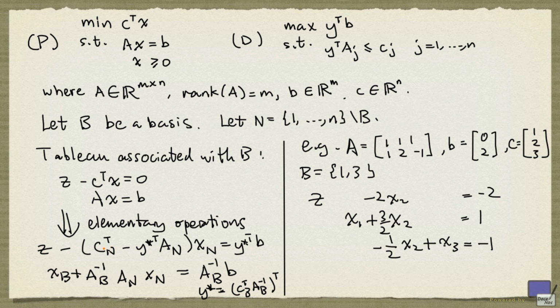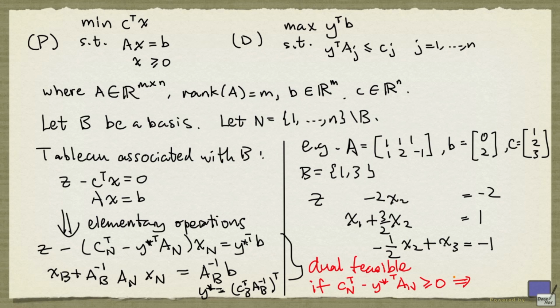Now, a dual feasible tableau is one such that this is non-negative. So, dual feasible if c_N transpose minus y star transpose A_N is non-negative.